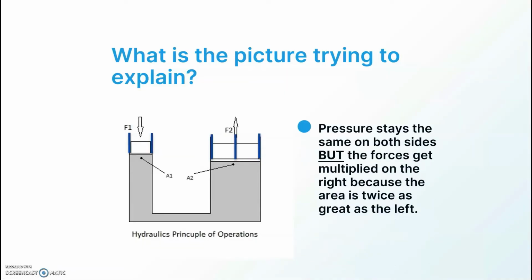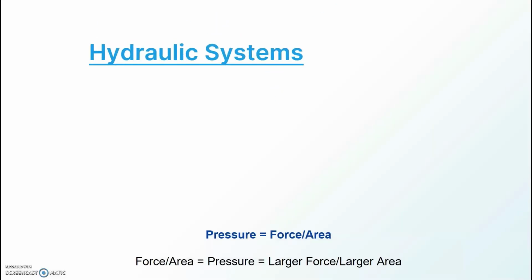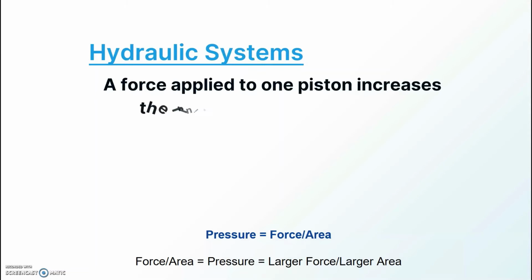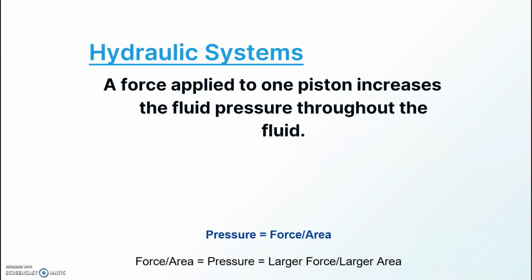What that means is that pressure stays the same on both sides, but the force can get multiplied on the right side because the area is twice as great as the left. So if I have a small area, I can lift something bigger if it has a bigger piston. We call this a hydraulic system, where a force applied on one piston increases the fluid pressure throughout the fluid.